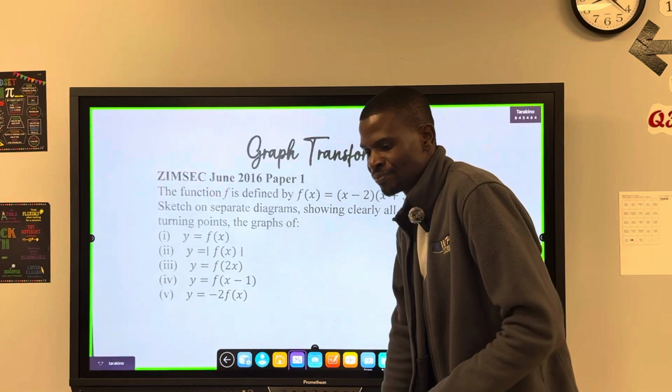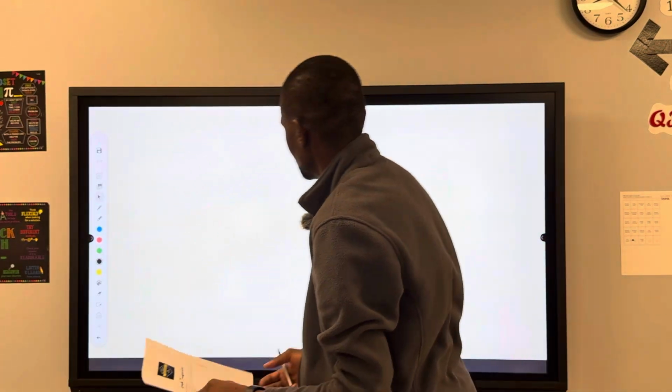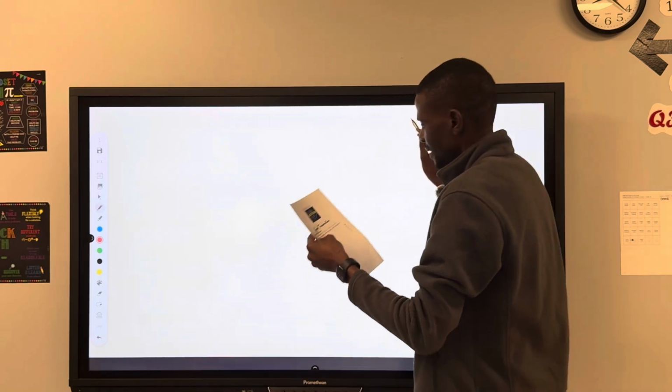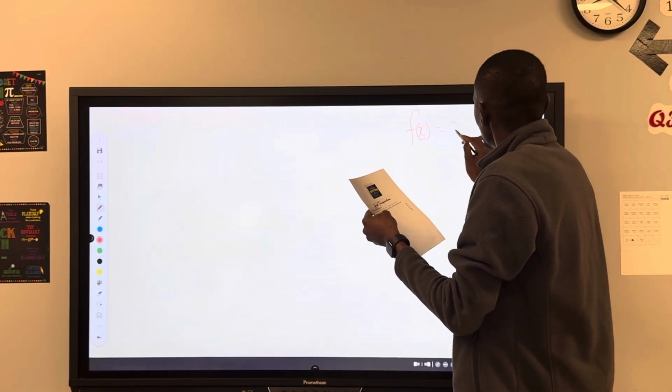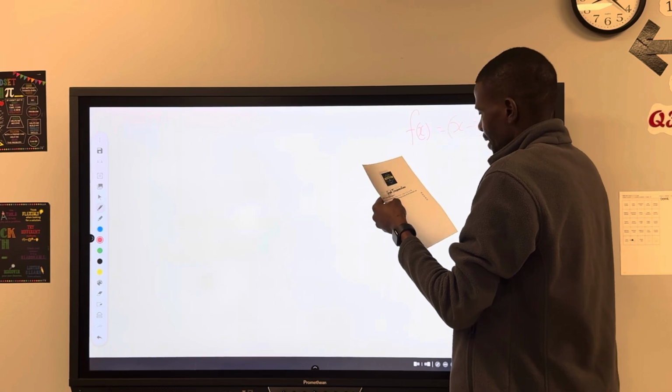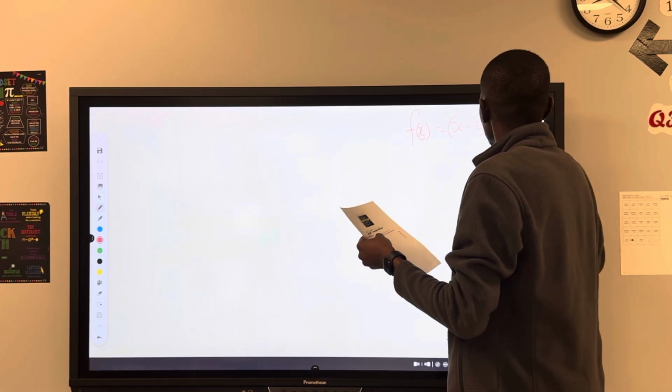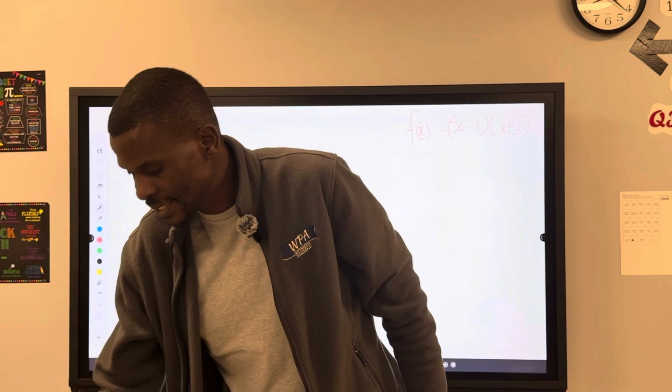All right, so let me write this down. We have f of x equal to (x minus 2)(x plus 3). Remember, we are supposed to sketch this graph.